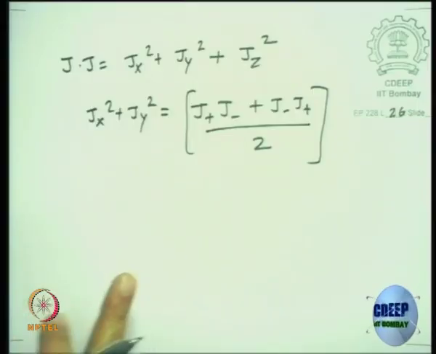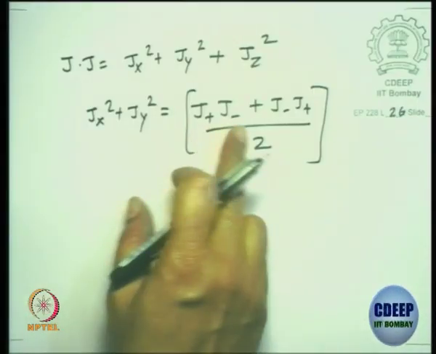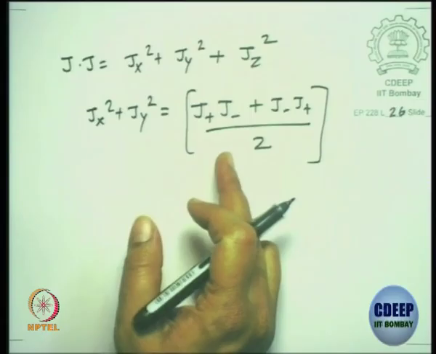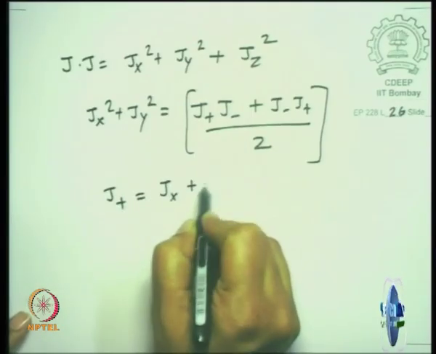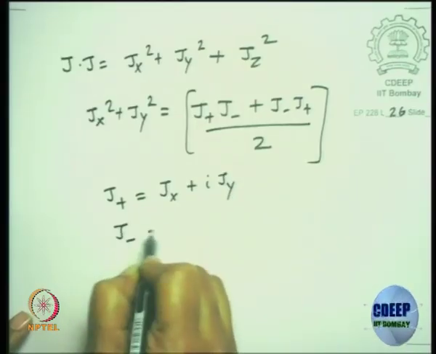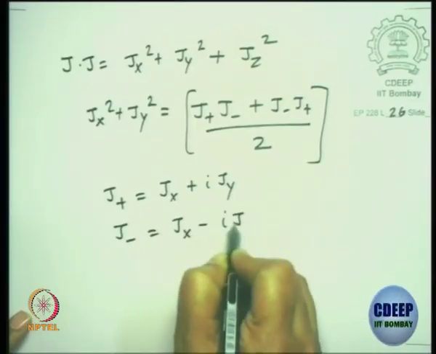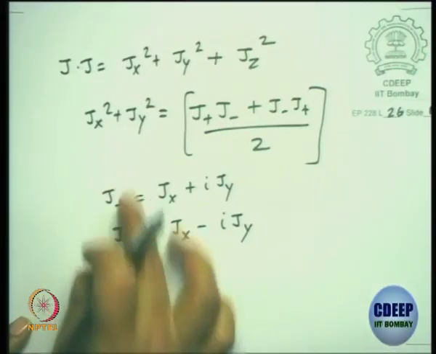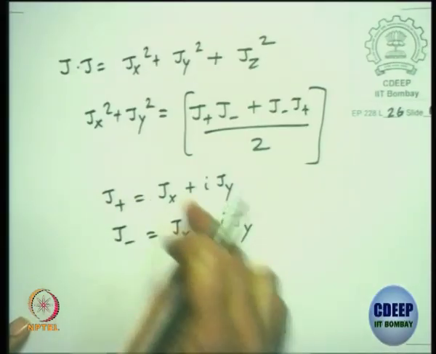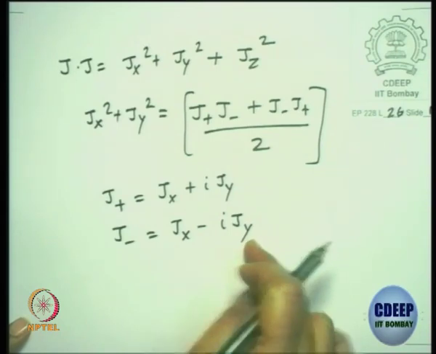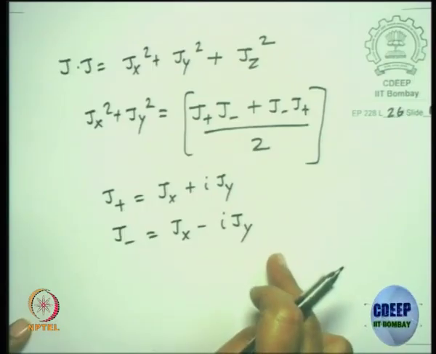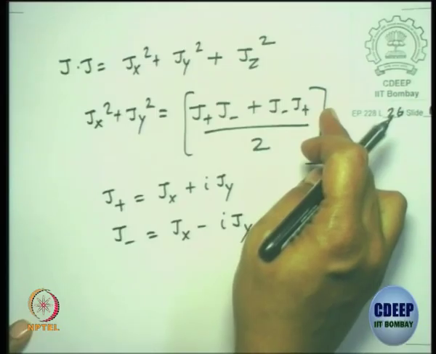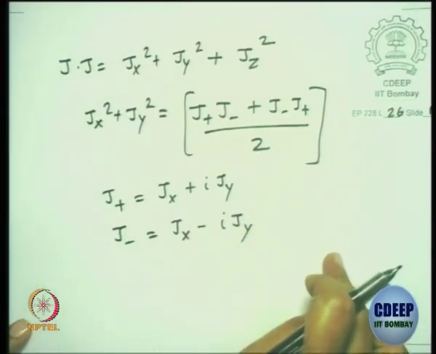I need to do this. Why? Because J plus and J minus don't commute. So what is J plus and J minus? Jx plus i Jy. J minus is Jx minus i Jy. Is that right? If you take the product of these two, it is Jx squared plus Jy squared, but you also have the Jy Jx and Jx Jy terms, which don't commute. So you need to take the other combination so that the cross term cancels.